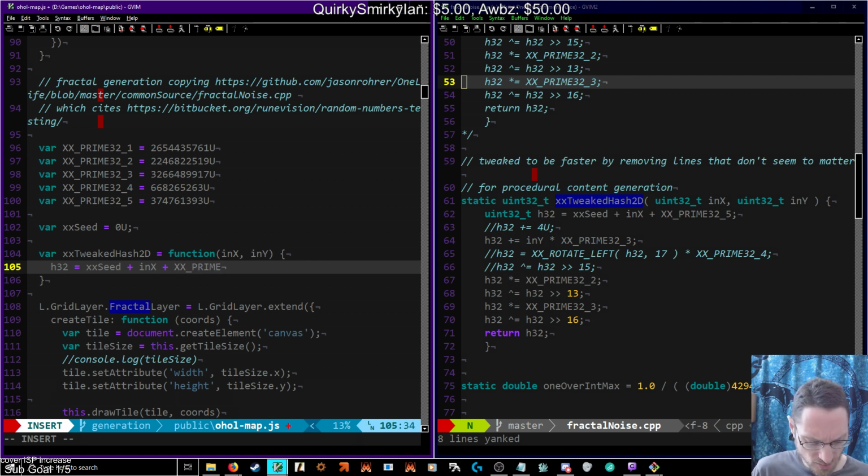Yeah, isn't there another tool that compiles JavaScript to C? Which would be one way to do this.